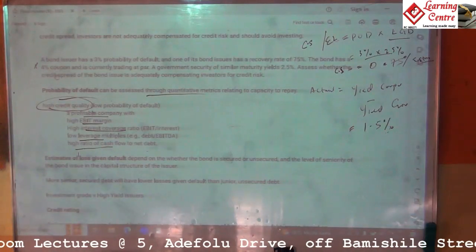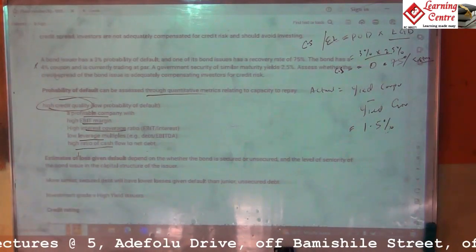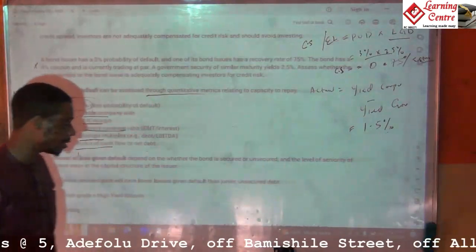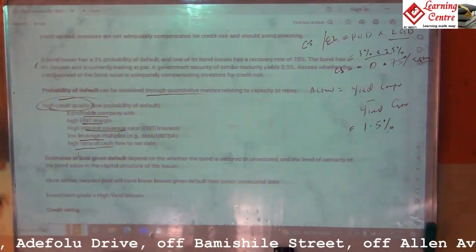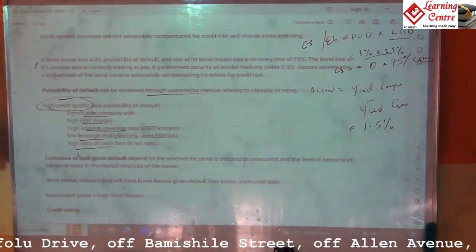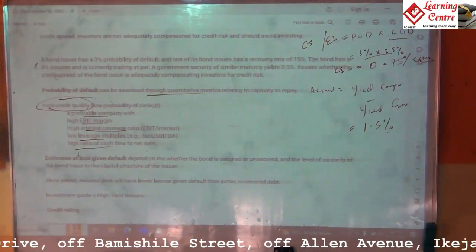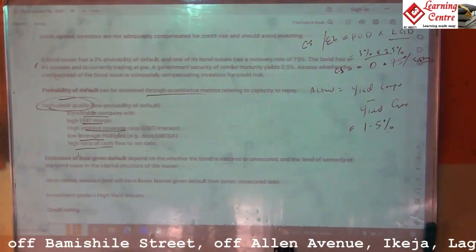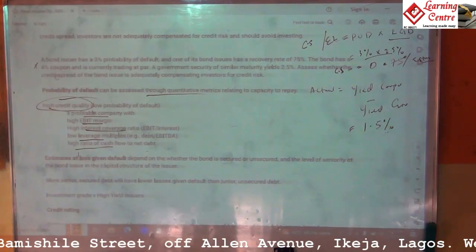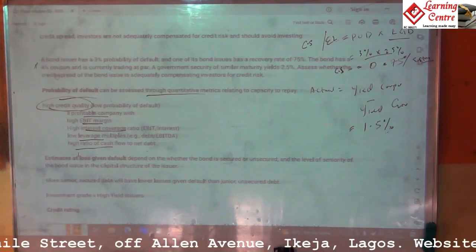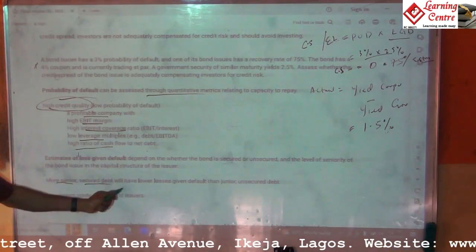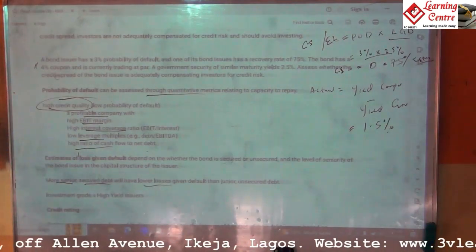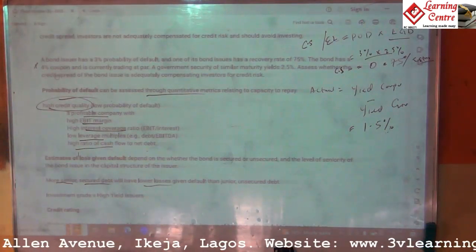Also, secured bonds have fewer defaults. If I have a secured mortgage, there are assets backing it, so losses are lower than for an unsecured one. More secure, senior debt has lower losses than junior unsecured debt.